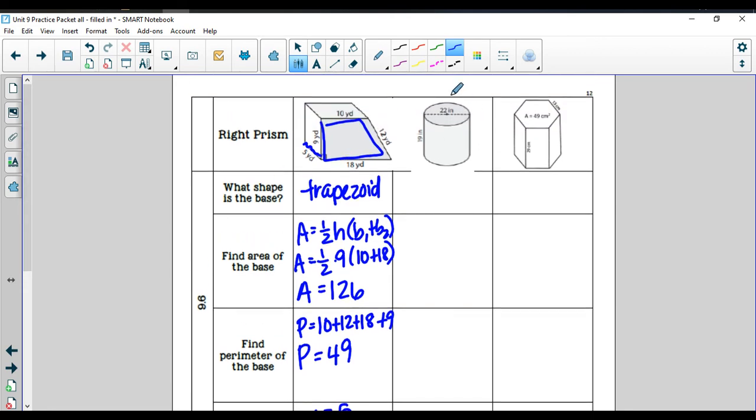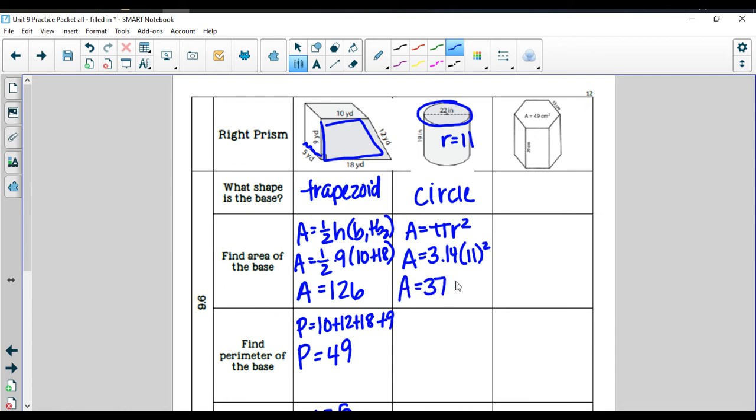In the next one, I have a circular base, and you'll notice the diameter is 22, which tells me the radius would be half of that, or 11. So I have a circle. Area is pi r squared. I want numbers here, so I'm going to use 3.14 times 11 squared for a total area of 379.94.